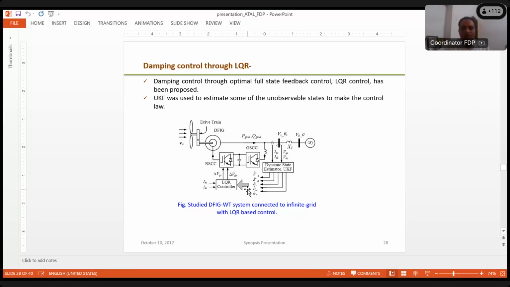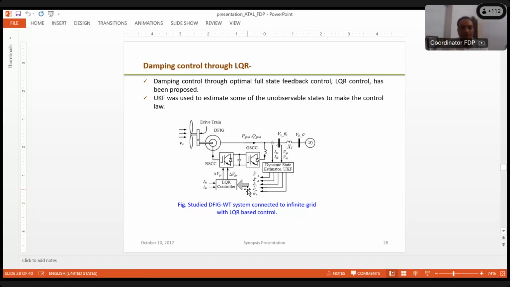Whatever the total energy of the system is, it always depends on the states. Let's say if a system has 5 states, then the total energy of that system is equal to the states squared and then integrated with respect to time. That comes out to be one cost functional. Some of you might know that the cost functional is the kind of energy that the complete system has.